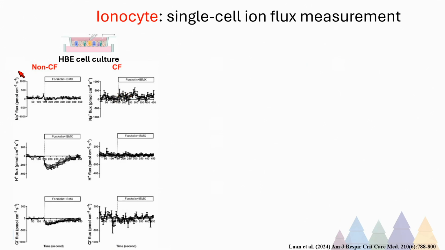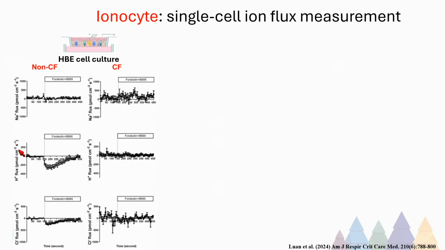So up here we have the result of a sodium sensing electrode. This is the flux in picomole per centimeter square per second over time in seconds. And we see that there is no sodium flux. We put fractional IBMX and we see nothing.